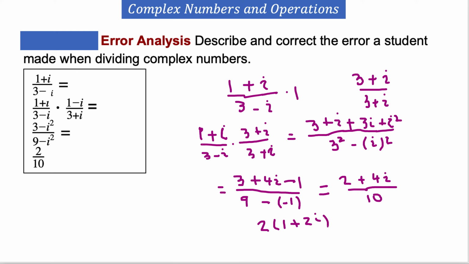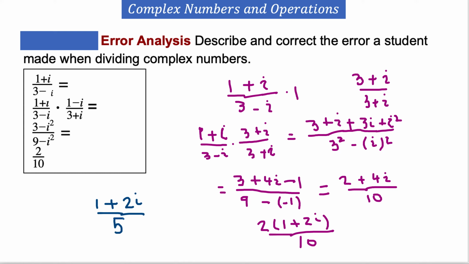And I want to write it in the simplest form: 2 divided by 10 is 1 over 5, so in the end I get (1 + 2i) divided by 5. This is the final result in the simplest form, rationalized.